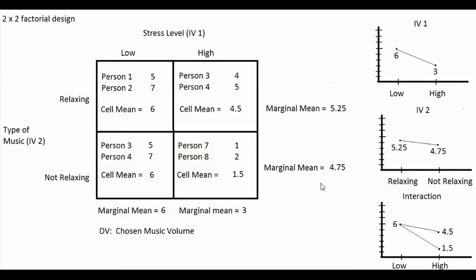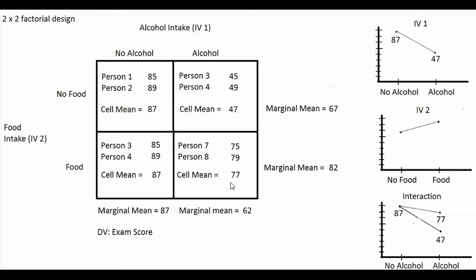And I think it'll make sense why that's true if we go back to look at this experiment back here. Let's imagine that instead of assigning 2 people to each cell, I assigned 3 people to this cell, only 1 person to this cell, and 2 people to this cell, and 2 people to this cell. So it's 3, 1, 2, 2.